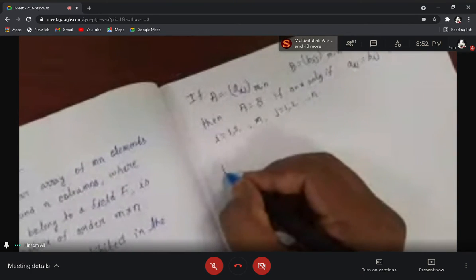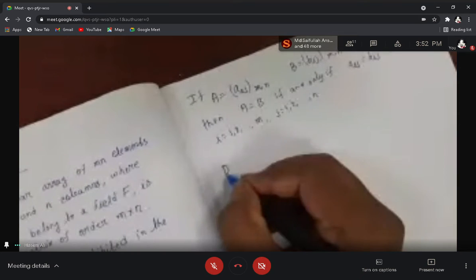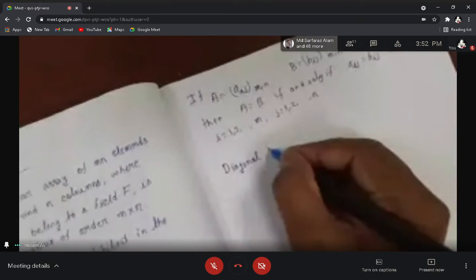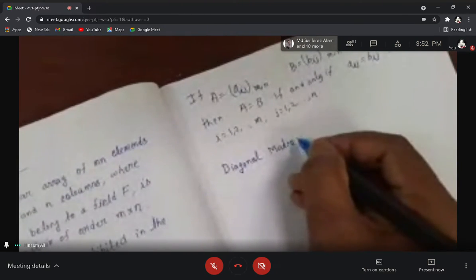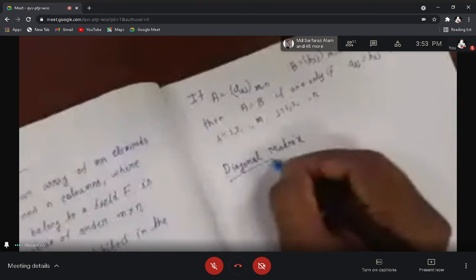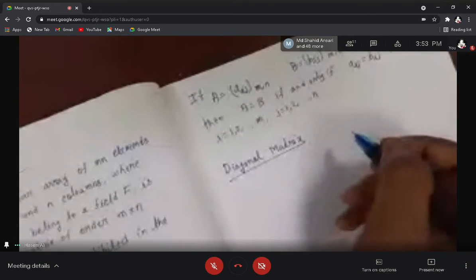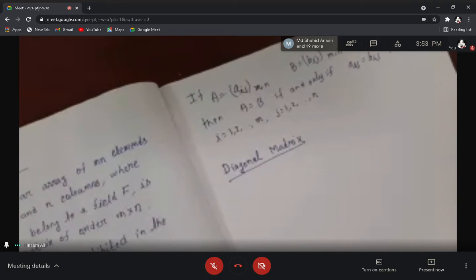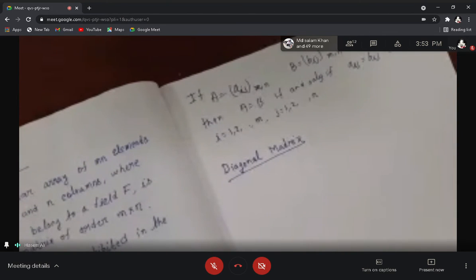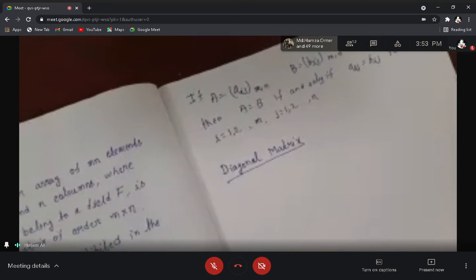Now, diagonal matrix. What is a diagonal matrix? First, you have to know the square matrix and rectangular matrix.